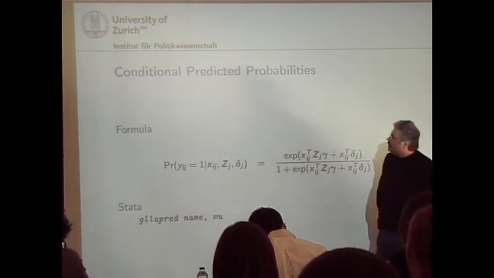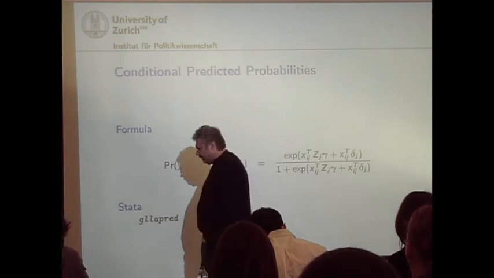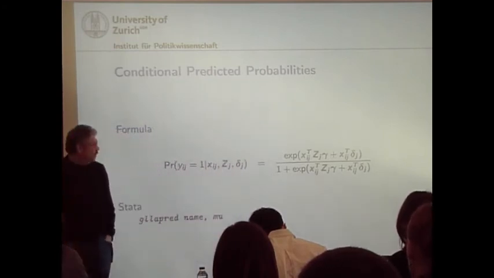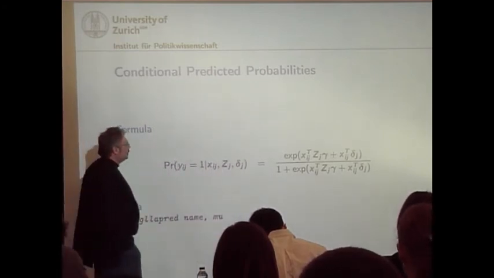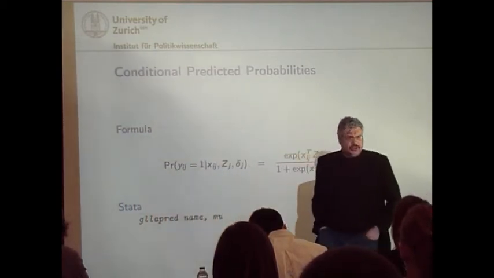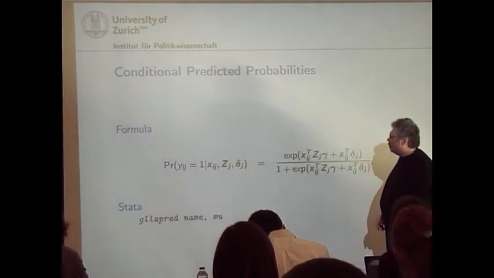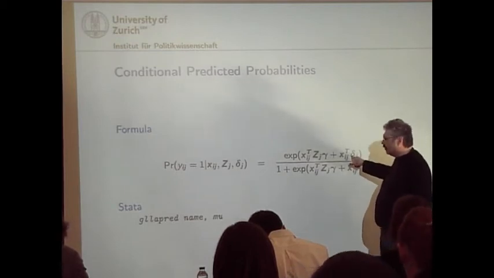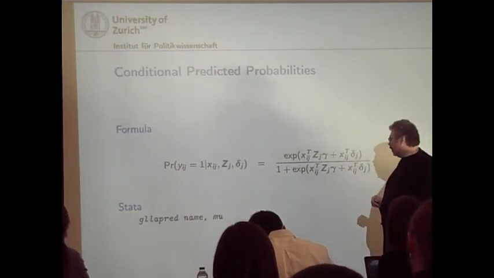Let's talk about conditional predicted probabilities, and these are actually relatively easy to calculate because they are just based on a particular value of the random effects.